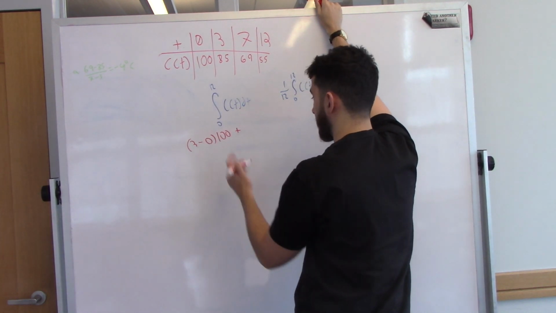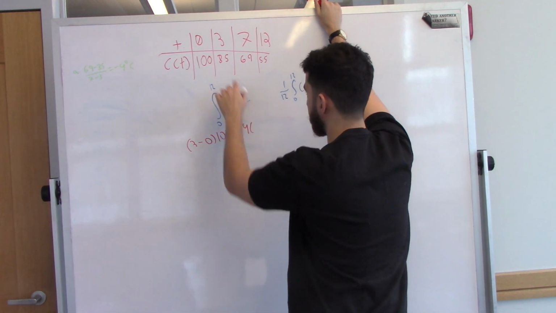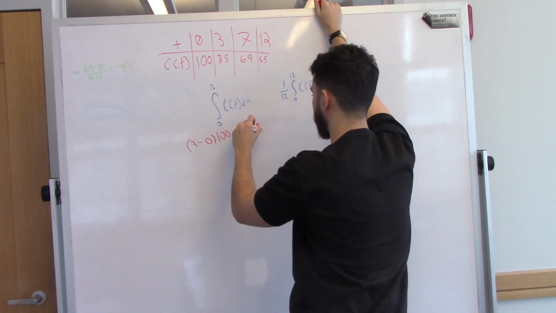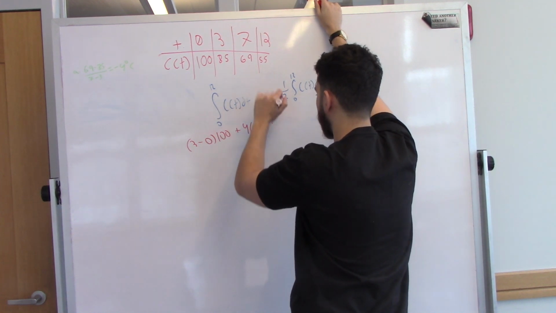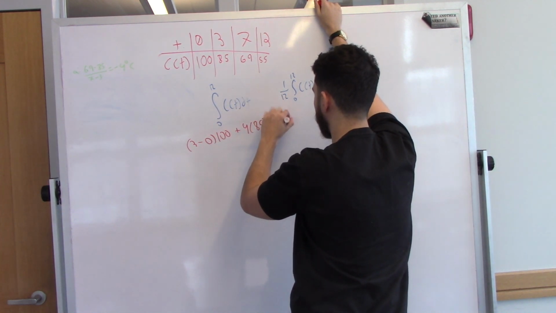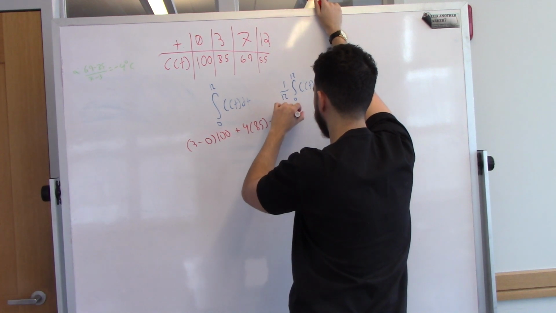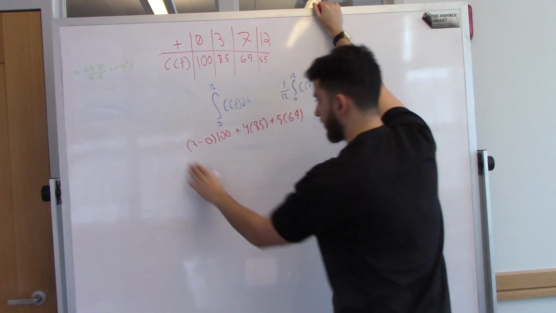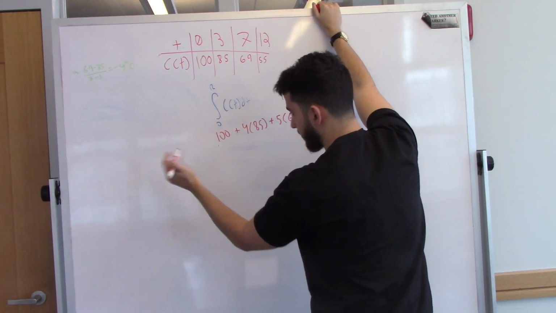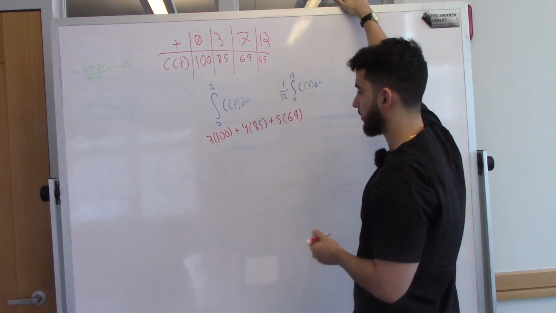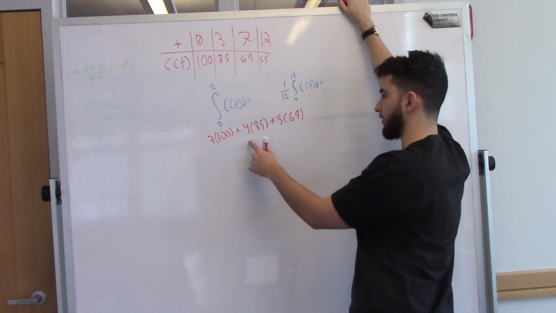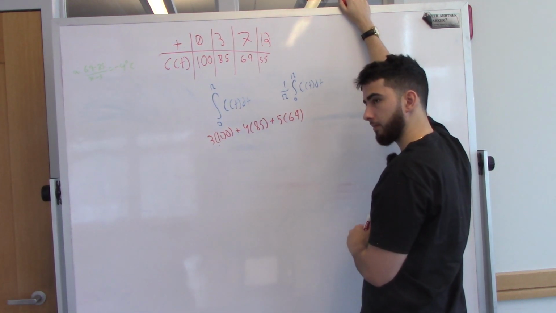From part A, we said that this was a change of 4, so it's going to be 4 times the leftmost point, so 4 times 85, plus 7 to 12, that's a change of 5, and the leftmost point is 69. That's just 3 minus 0, that's 3, we can all agree on that. So you should get 300 plus 4 times 85 plus 5 times 69.